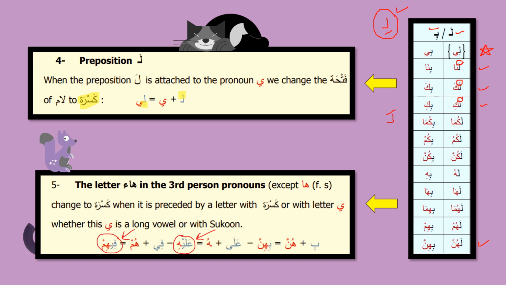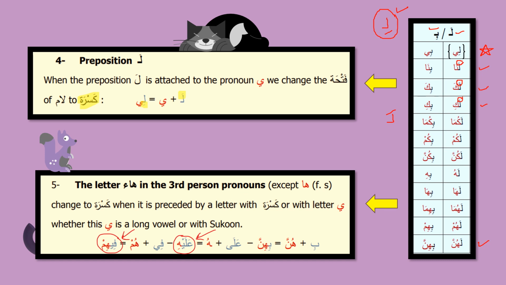So remember that the original harf jar lam is with kasra. And now it has all the same rules as it gets attached, and the lam remains the same, the structure remains the same, only the haraka changes from kasra to fatha with all the pronouns, and with the ya mutakallim it remains with kasra.